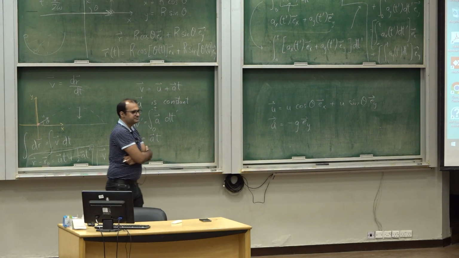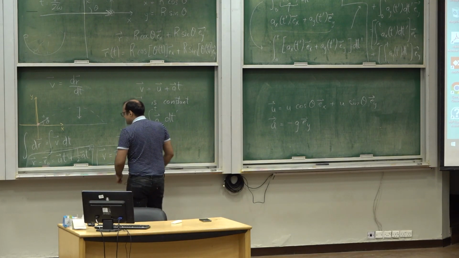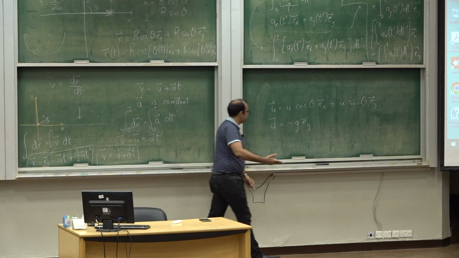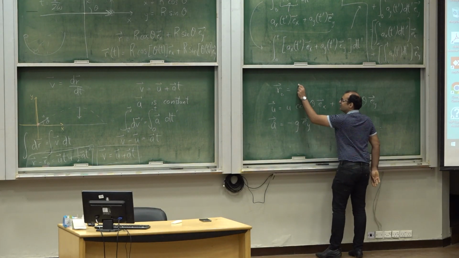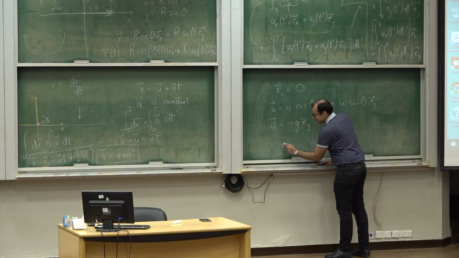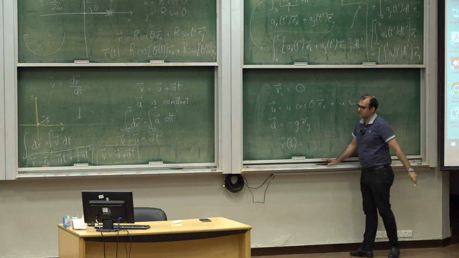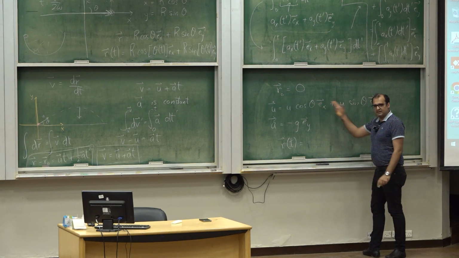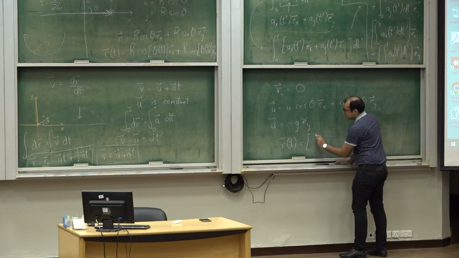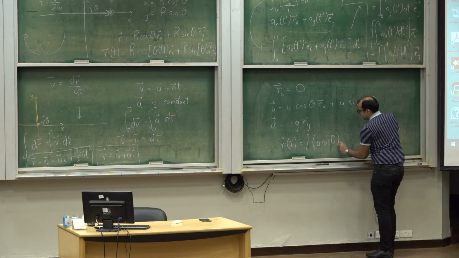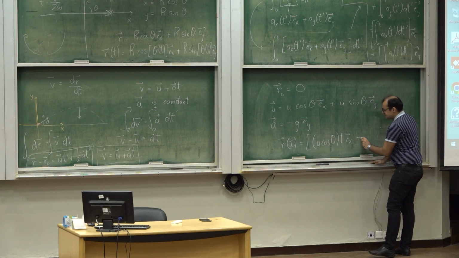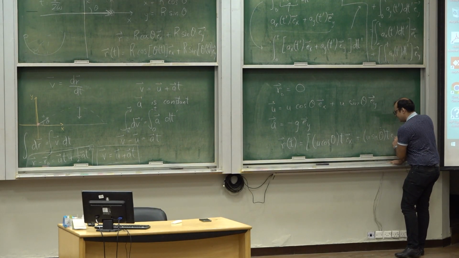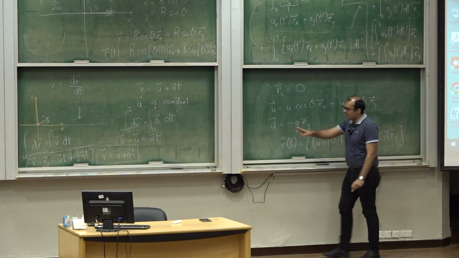Okay, so then what else do you need to apply? r naught we have figured out, u we have figured out, a we have figured out, all good. So r naught equals 0, and all you have to do now is just plug it in. R of t equals R naught plus R naught is 0, never mind that, plus u t, this vector times t, which gives you u cos theta times t Ex plus u sin theta times t Ey, and then you have this half a t square.